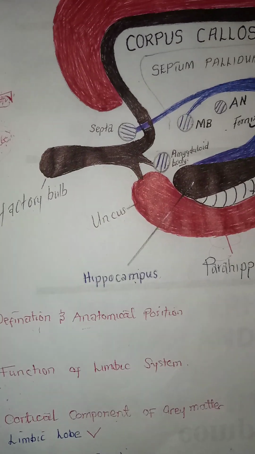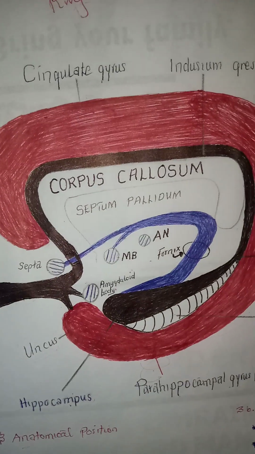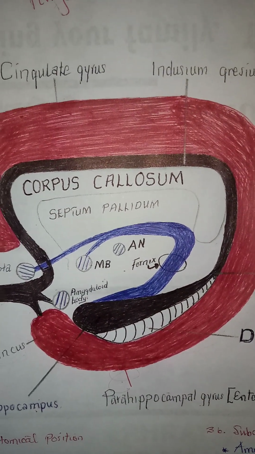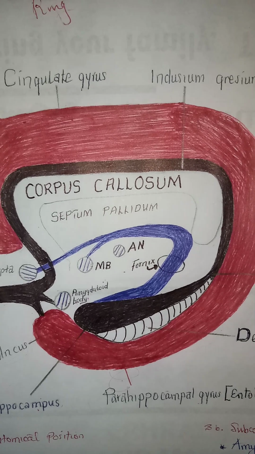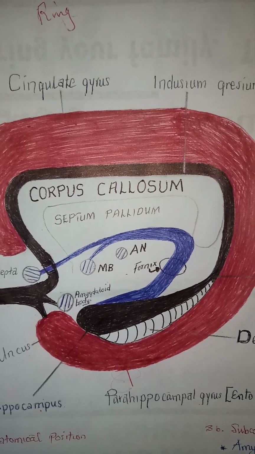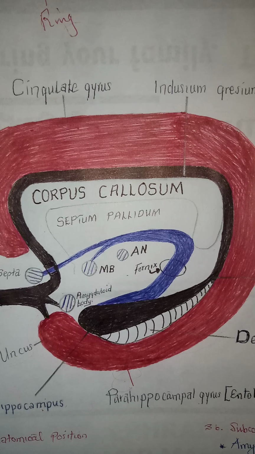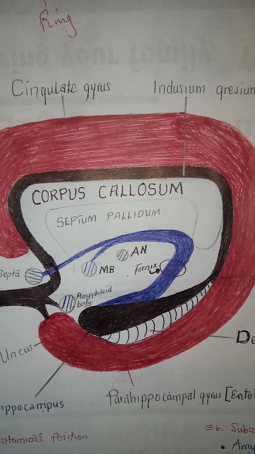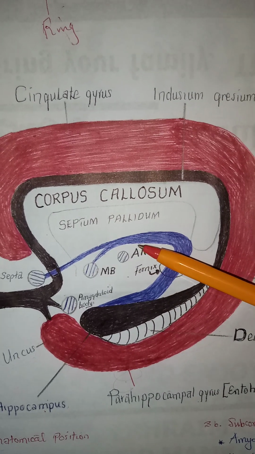Okay, so now let's talk about the components of the limbic system. They are divided into two. We have the components which are part of the cerebral cortex, called cortical components, and those parts which are not part of the cerebral cortex, called subcortical components. The subcortical components are basically part of the diencephalon.